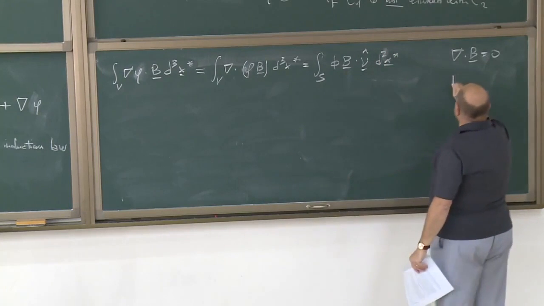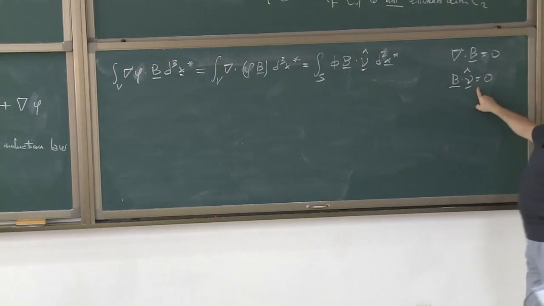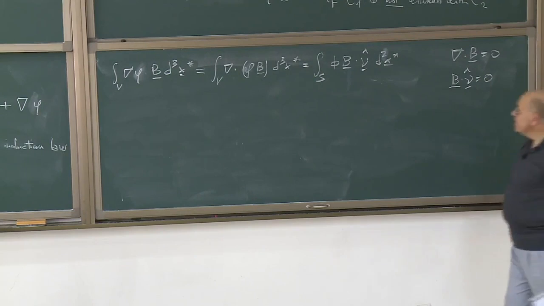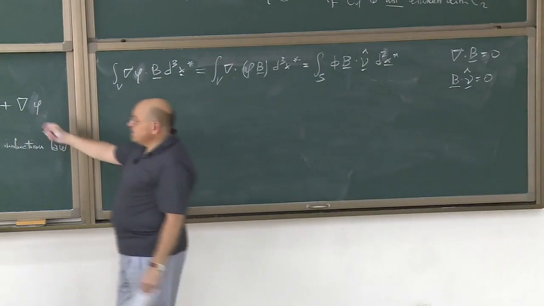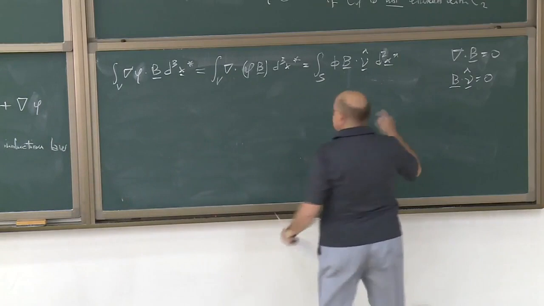But we assume that there is no flux of B through the surface because the bounding surface is a magnetic surface. So whatever is the gauge here that we are happy or not happy with, it doesn't affect the final result.